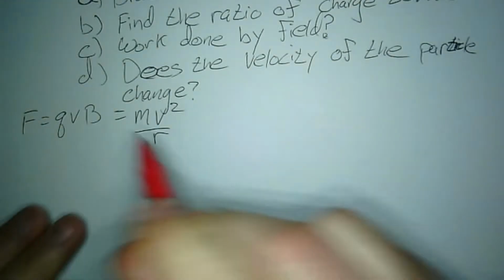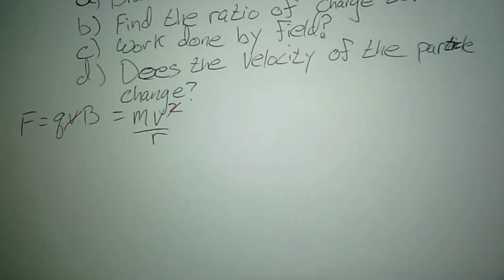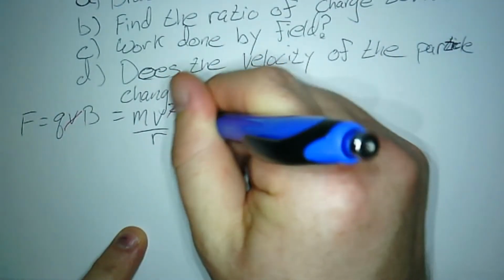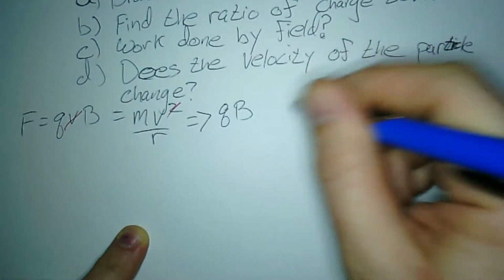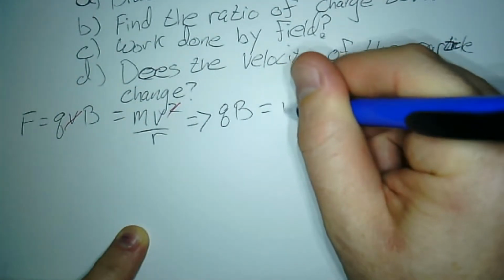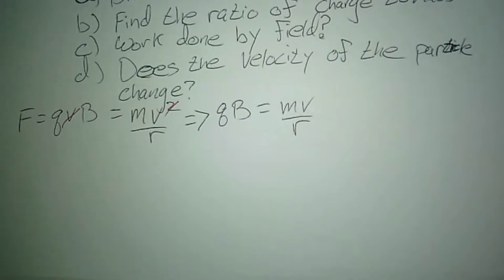Once again, I've got a v on both sides, so I'm going to cancel that. So QB equals mv over r.